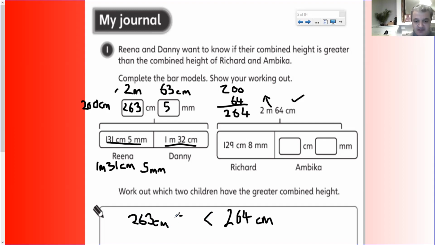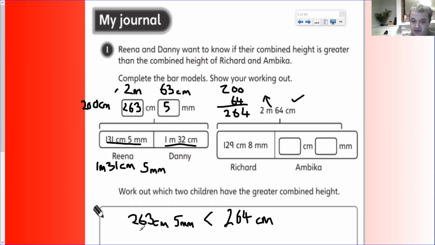and 5 millimeters. Now, if you look at 5 millimeters on your ruler, on your measuring tape, you'll notice that it's half a centimeter. 10 millimeters is 1 centimeter, therefore 5 millimeters is half a centimeter.